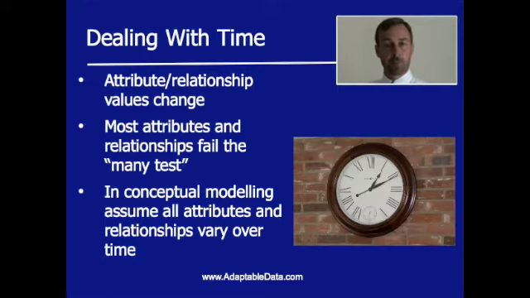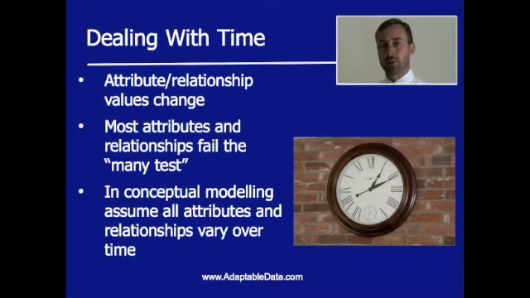The difference between most modelling techniques and the one that I'm using here is that in this technique the assumption is that all attributes and relationships can vary over time. It's an important distinction because it removes the complexity of time from the diagram.